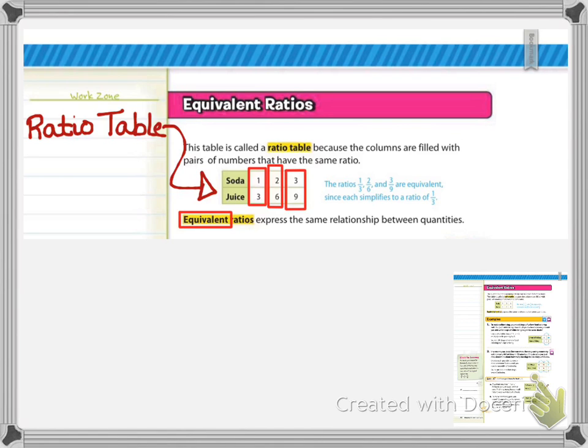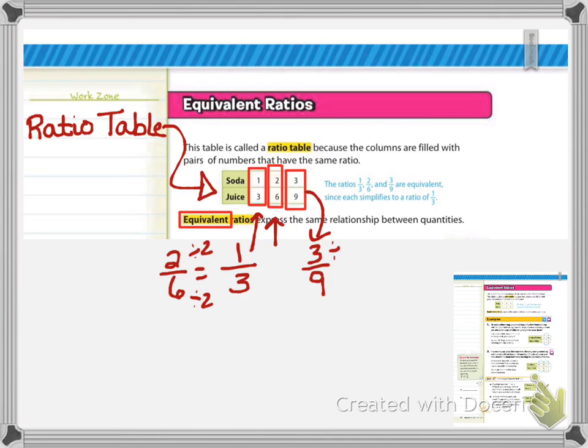So, for example, if I write 2/6, which is my middle ratio, right over here, and I simplify it, if I were to divide both the top number and the bottom number by 2, because that's the greatest common factor, I would end up getting 1/3, which is that first ratio. The same thing goes with 3/9. Now I grab the 3/9 from over here.